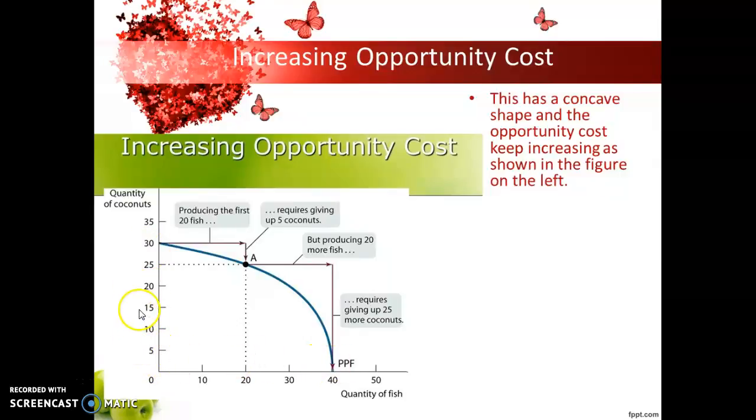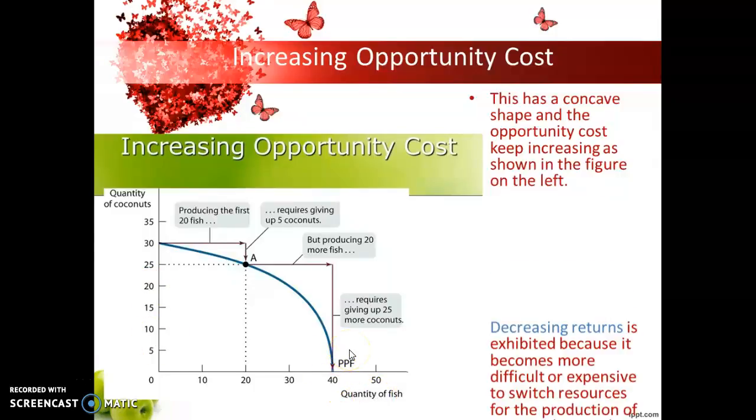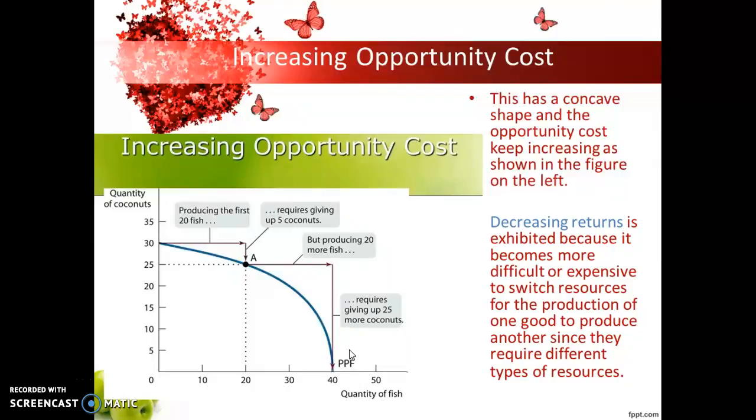We have to give up 25 coconuts to produce 40 more fish. So we see that the opportunity costs keep increasing. When the opportunity costs keep increasing, then we see that we have decreasing returns, right? Decreasing returns is shown in the diagram because it becomes more difficult or expensive to switch resources from the production of coconuts to fish each time.